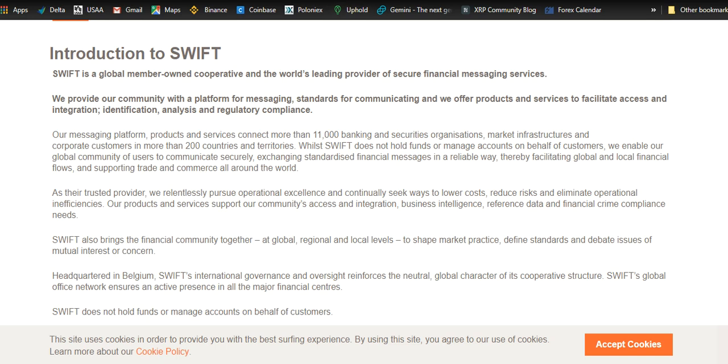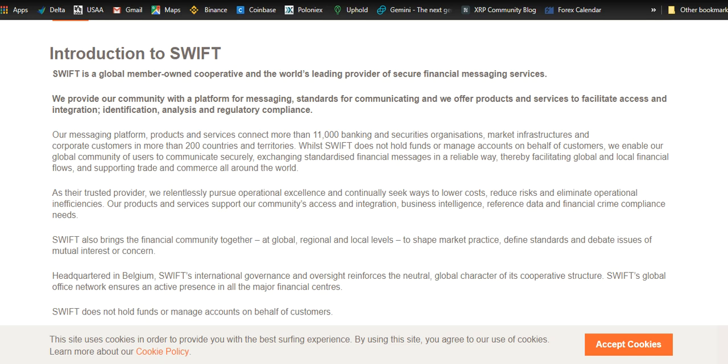So SWIFT is the de facto messaging system used to transfer money across borders globally. So let's just look at what SWIFT actually is. SWIFT is a global member-owned cooperative and the world's leading provider of secure financial messaging services.